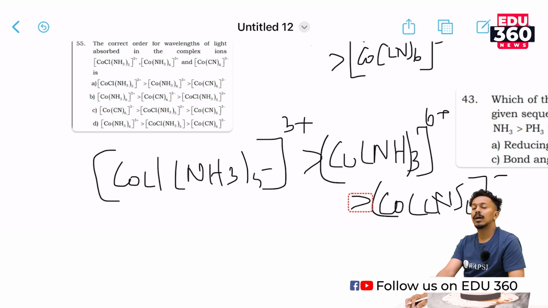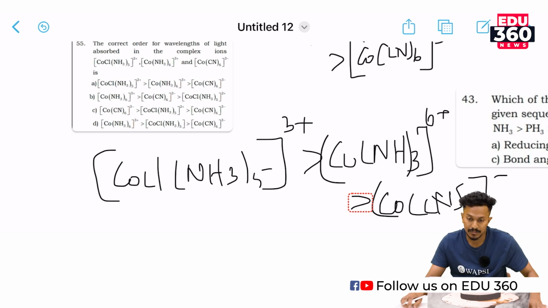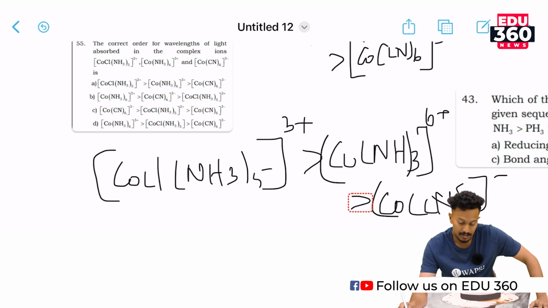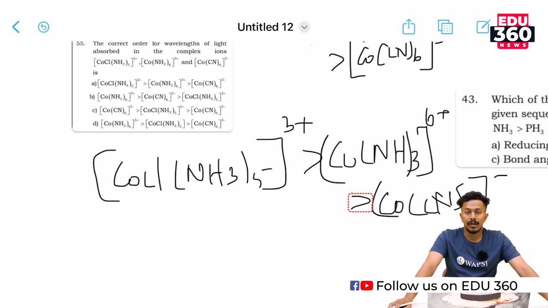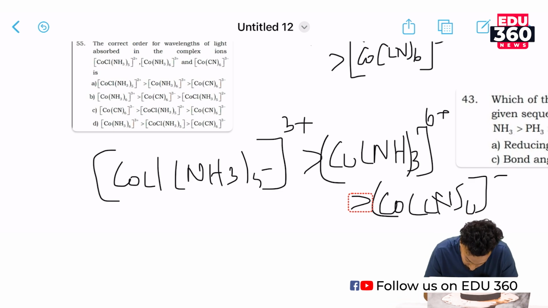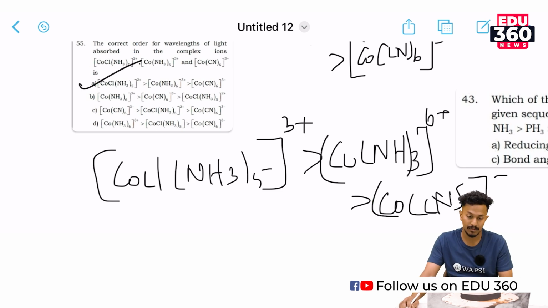These are the strengths of their ligands and the remaining absorption of wavelength. Pentaamminechlorocobalt has the highest absorption of wavelength. So the option would be option A for this question. Okay, we will move on to our next question.